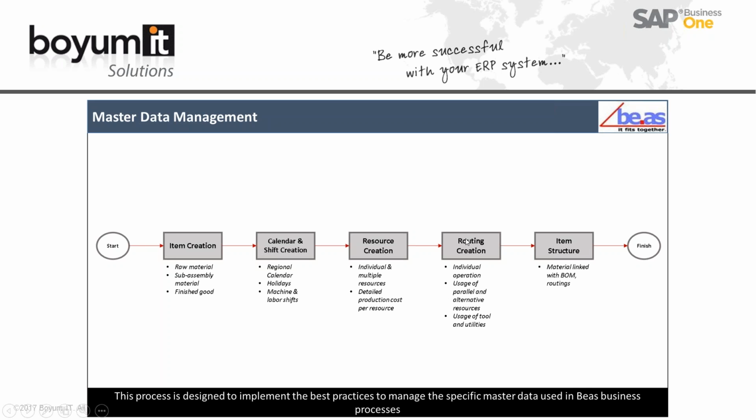Okay, after that we have to create the routing. The routing is going to tell us exactly the setup time that the machine will have, and also if we can use several workstations at the same time, as in parallel.